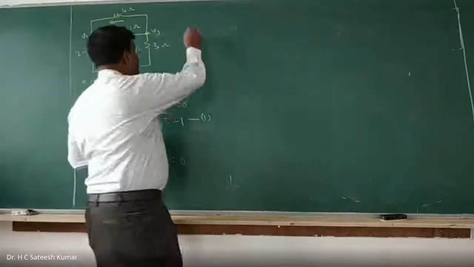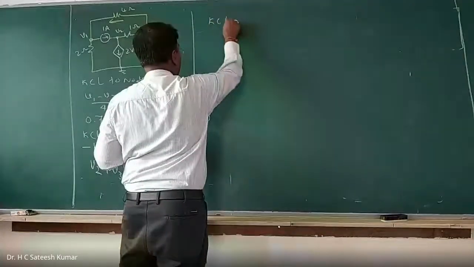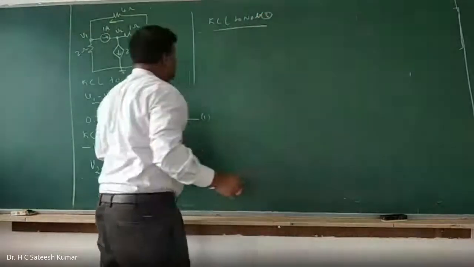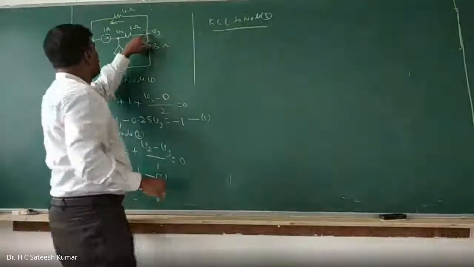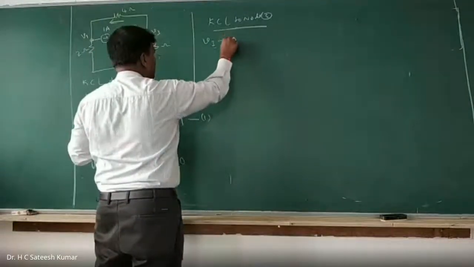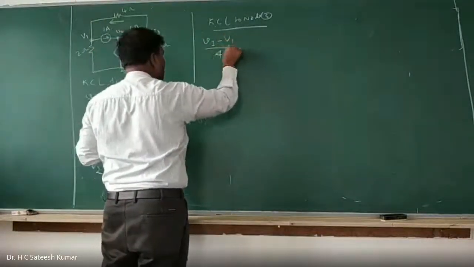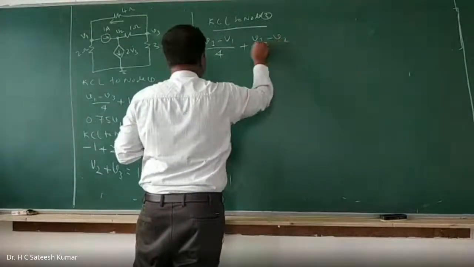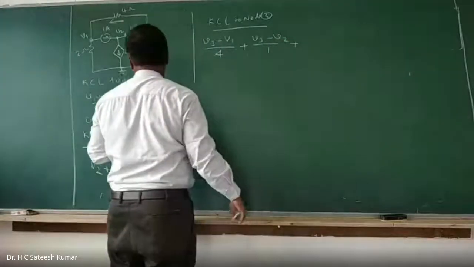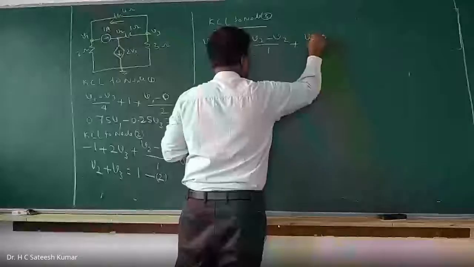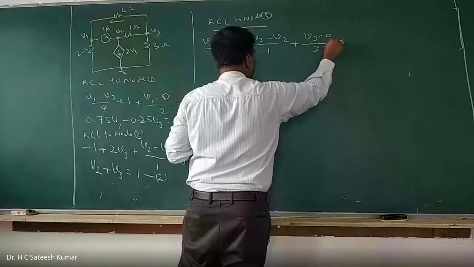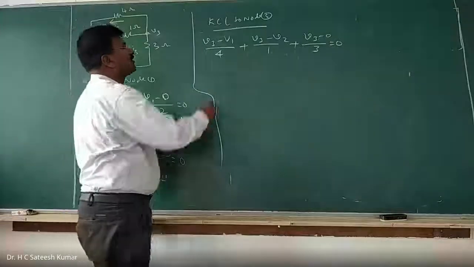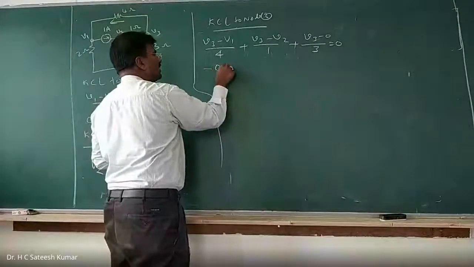Next, KCL to node 3. If you write KCL to node 3, what is that we have? V3 minus V1 divided by 4 plus V3 minus V2 divided by 1 plus V3 minus 0 divided by 3 is equal to 0. So therefore, what is that you can write? V1 coefficient minus 0.25 V1.